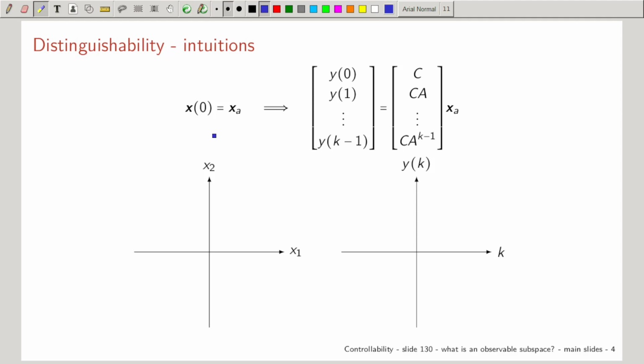Now, let's discuss the concept of distinguishability. You didn't do it in ellipsis. You didn't talk about distinguishability. No. What does it mean, distinguishability? If I've got an initial condition, and I look at the free evolution, it means that this initial condition will do something.